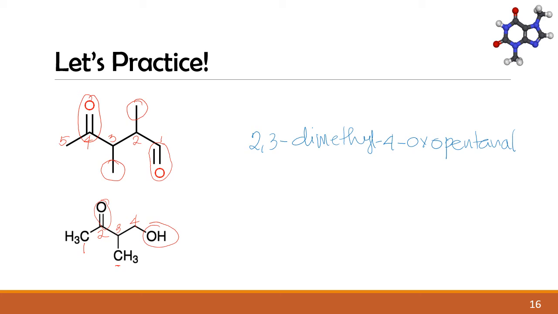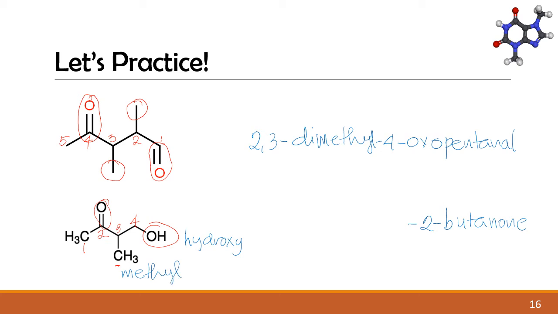A 4-carbon ketone is called butanone. And the carbonyl group is attached to C2. So we indicate that with a number 2 here. Since the alcohol is a substituent, we change its name to hydroxy. The other substituent is methyl.